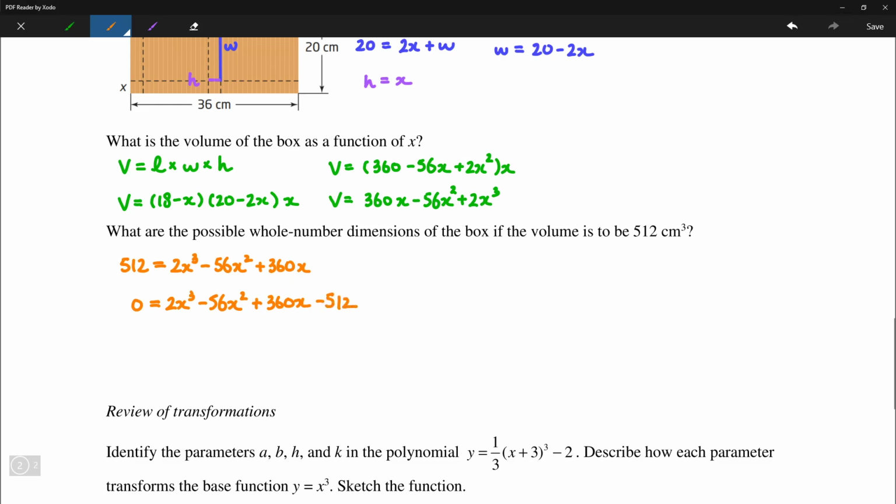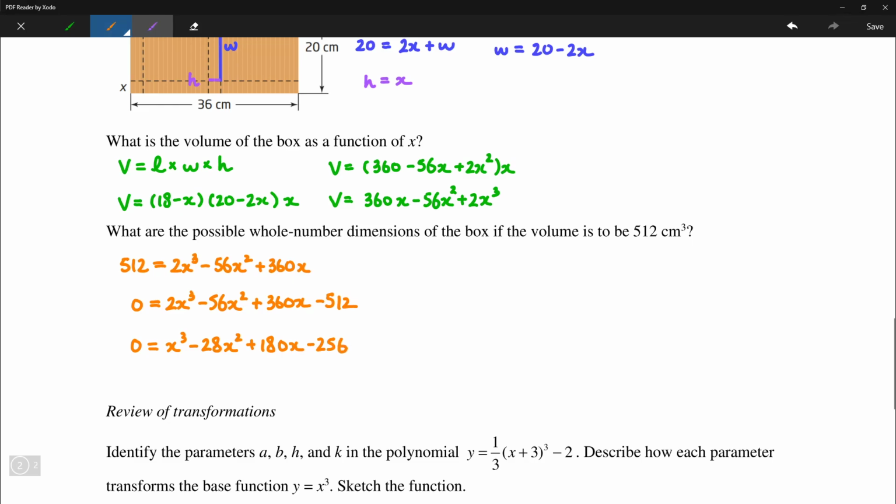And of course, each of the terms can be divided by 2, so I'm going to go ahead and do that here. So we have x cubed minus 28x squared plus 180x minus 256.